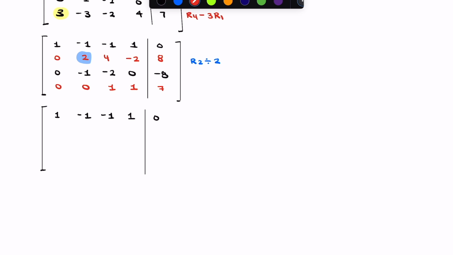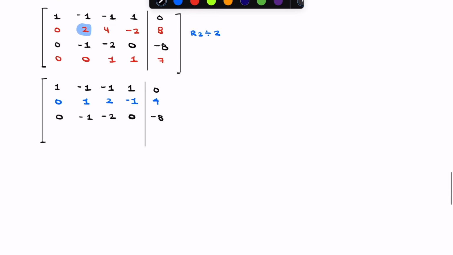Our second row now will be 0, 1, 2, -1, and 4. Our third row didn't change, so 0, -1, -2, 0, and -8. And our last row also stayed the same. So 0, 0, 1, 1, and 7.